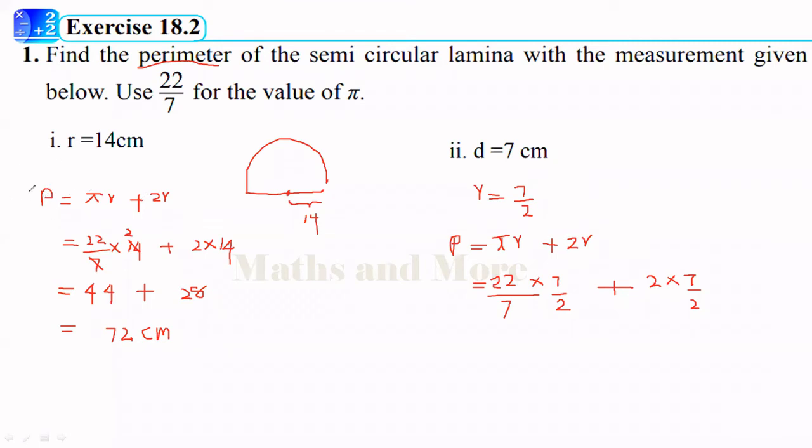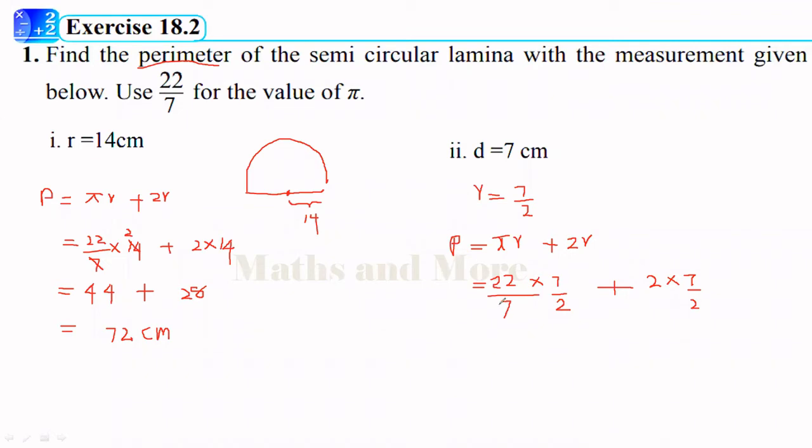P means perimeter, the first letter of the word perimeter. If you don't like this P, then you can write the complete word perimeter. Here R means radius, okay? Y is not there. For the convenience, I wrote that as P. We can use P for perimeter, and for the area, we can use capital A.